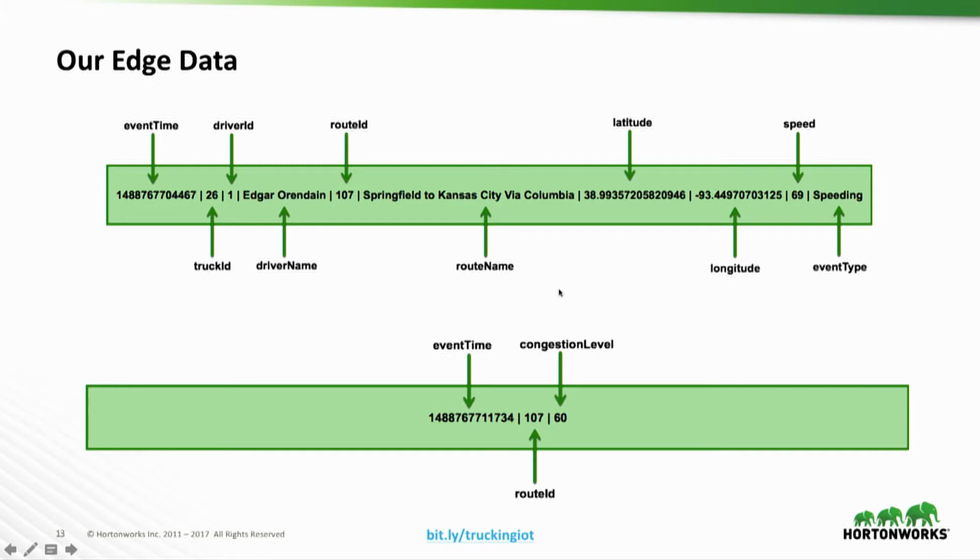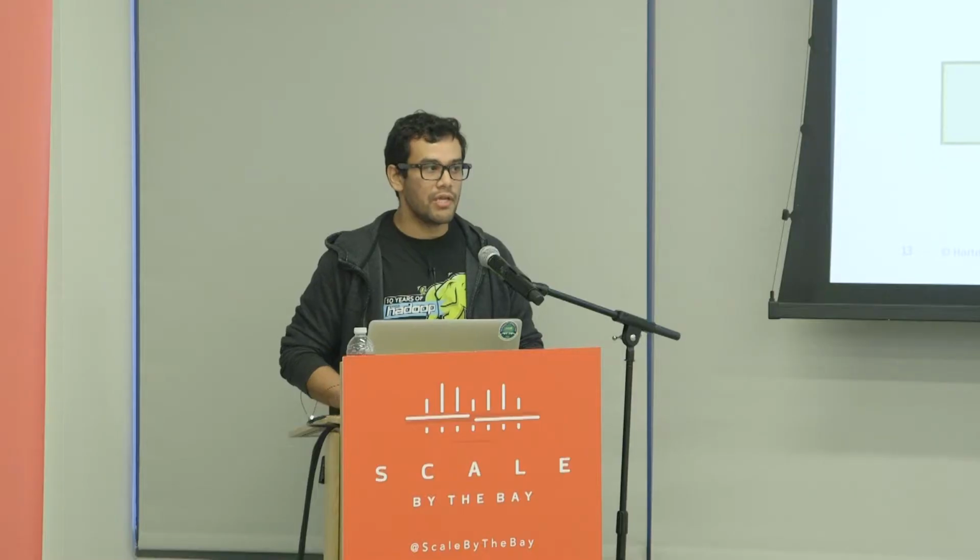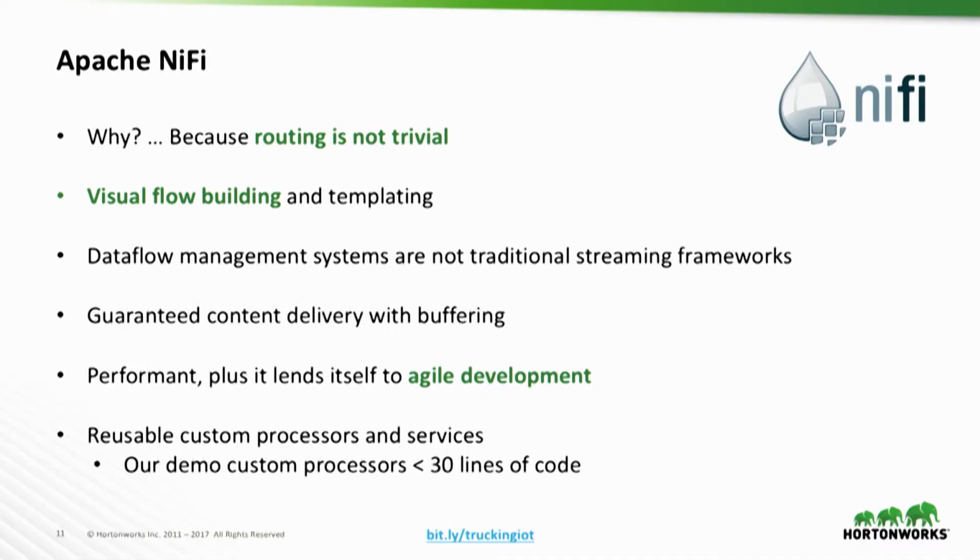As I mentioned, with NiFi, you can use it to route flows and specify how data should move from the edge to some number of endpoints. It lends itself to agile development, so you can use it to debug if there's an issue.